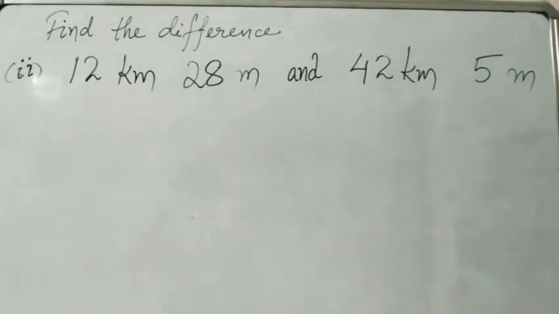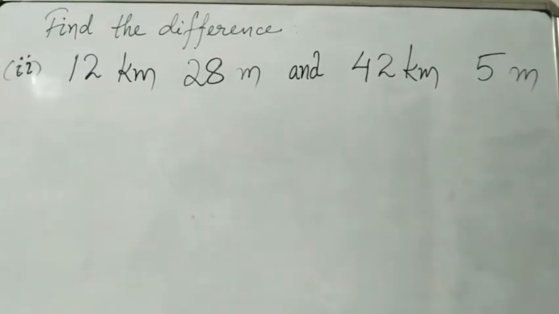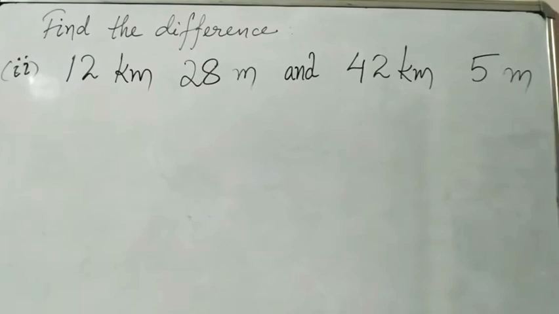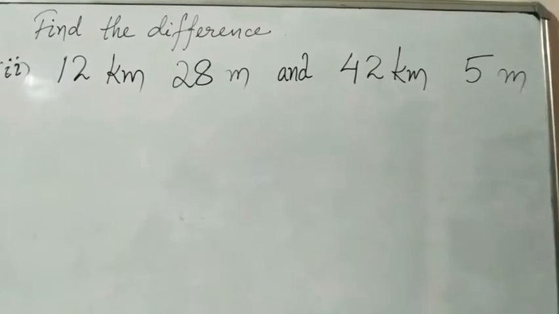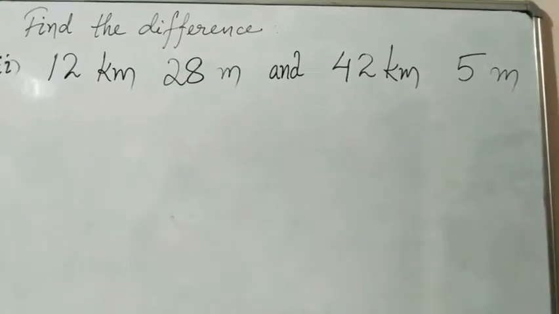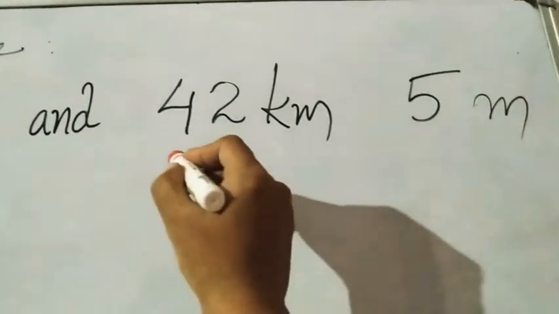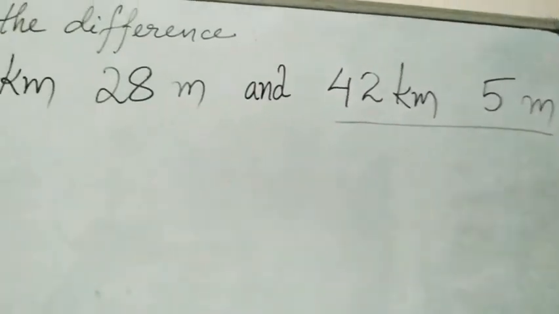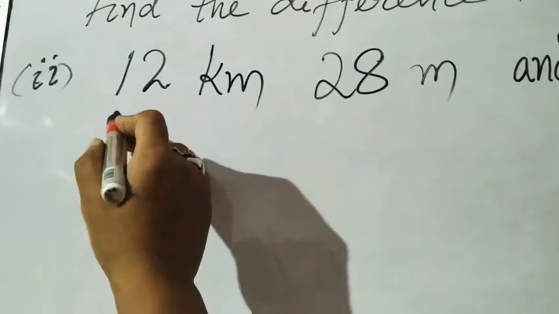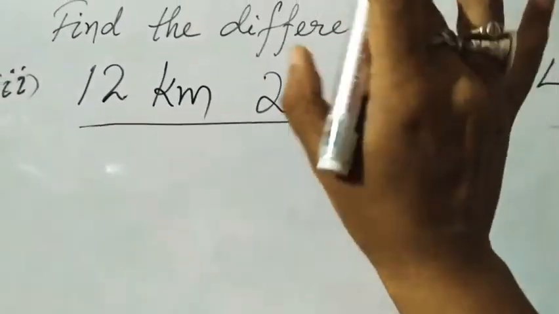It is advisable to look for the bigger unit. So 42 kilometer is bigger than 12 kilometer. So you have to underline first. You can underline like this. This one is the bigger one, 42 kilometer 5 meter, and this 12 kilometer 28 meter is the smaller one.